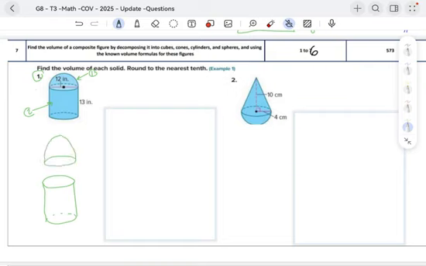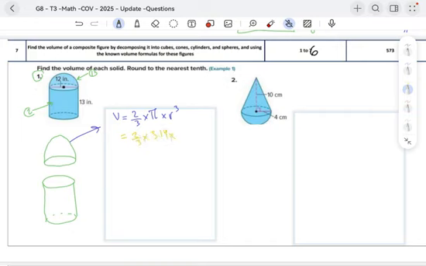Okay, so what we're gonna do, we're gonna find the volume for each shape separately, and then we're gonna add them together. Let's start with the hemisphere. The volume for a hemisphere is 2/3 pi times the radius cubed, and we're gonna substitute 2/3 times pi, which is 3.14, times the radius.